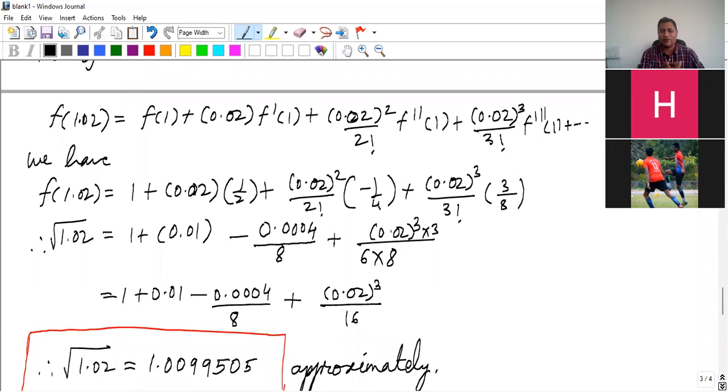If I calculate by calculator, it will be correct up to 4 digits, so what is the guarantee that I have not written this using a calculator? When you write more digits, it gives the guarantee that you have calculated it using Taylor series. You are going to get the correct answer up to 4 digits, definitely. Is that okay?